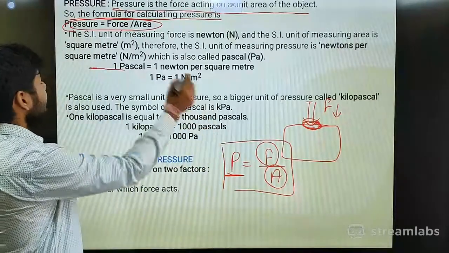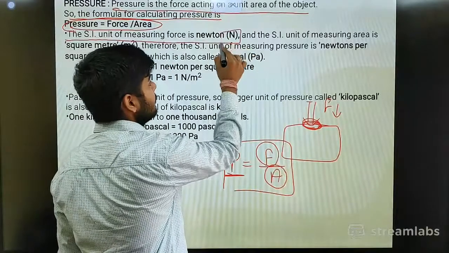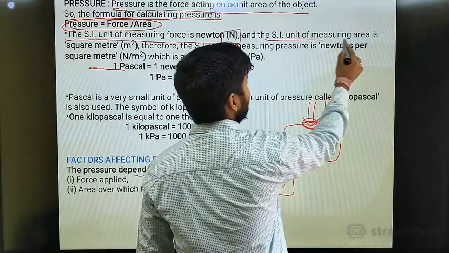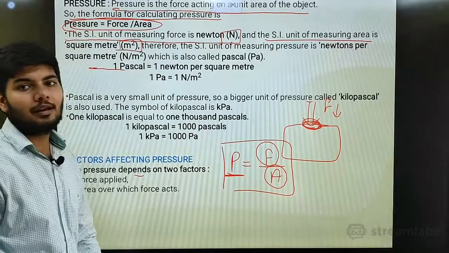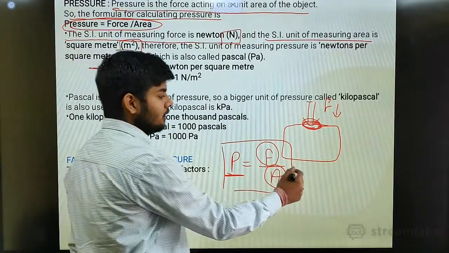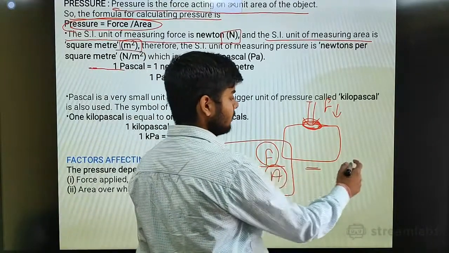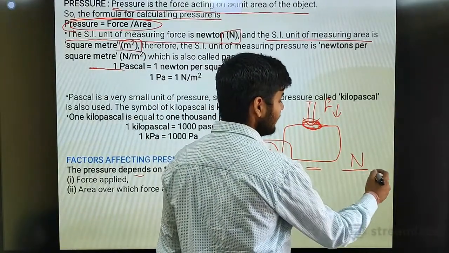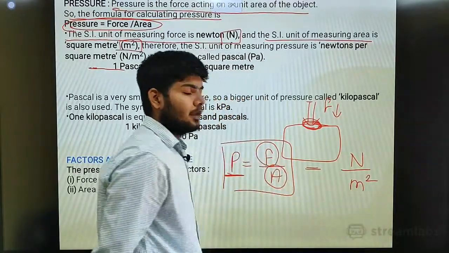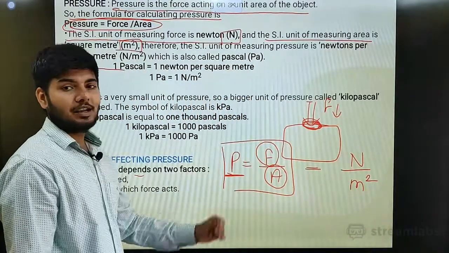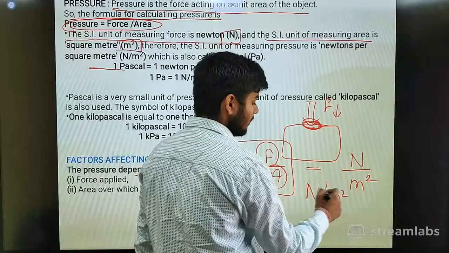Now students, the SI unit of measuring force is Newton and the SI unit of measuring area is meter square or square meter. So after putting these units in the formula, the unit of force is Newton and the unit of area is meter square. So the unit of pressure is Newton per meter square.